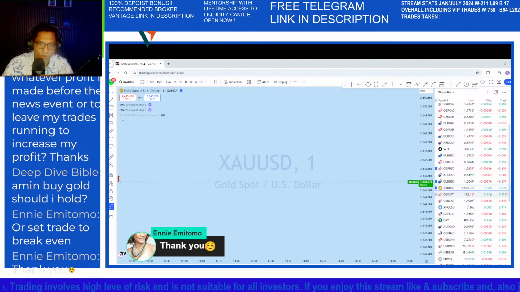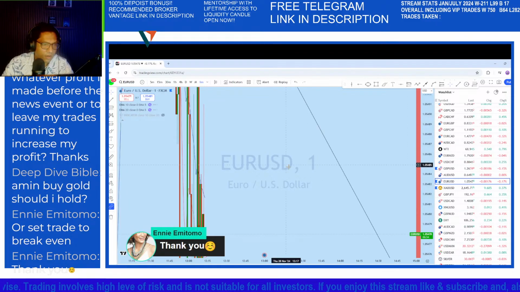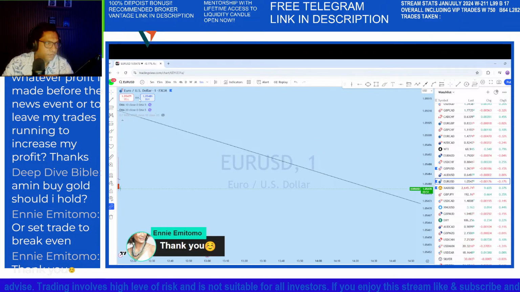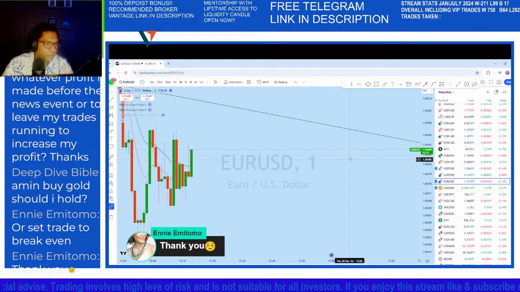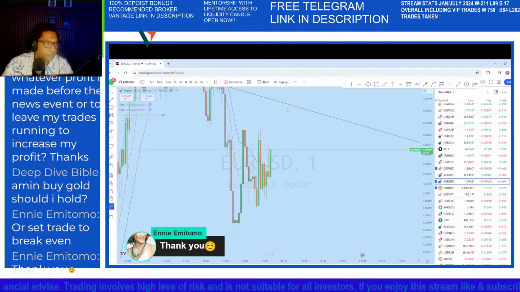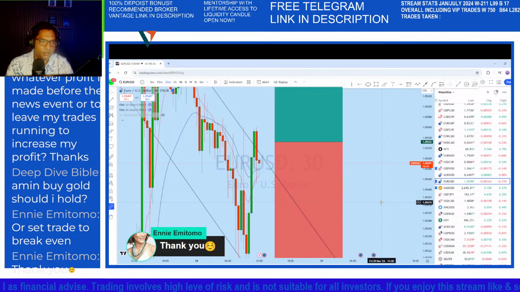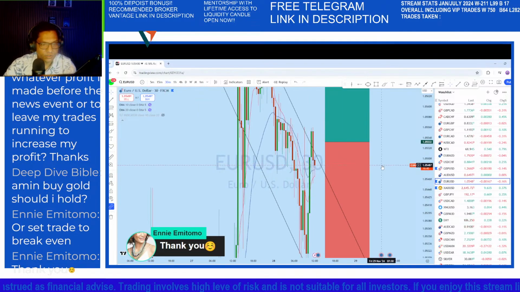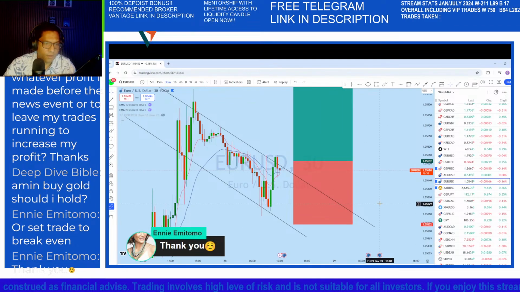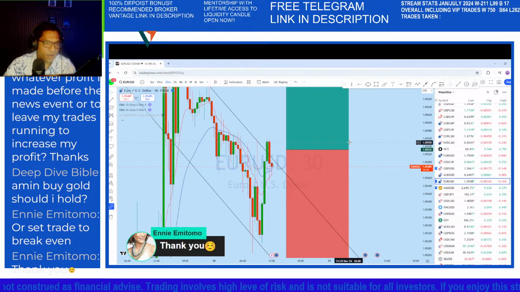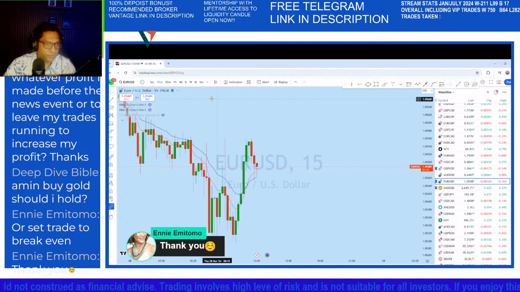Okay, so here is what we can see on euro dollar. Let's see if it is moving back up or coming down.